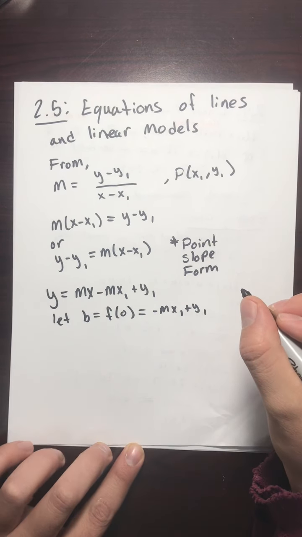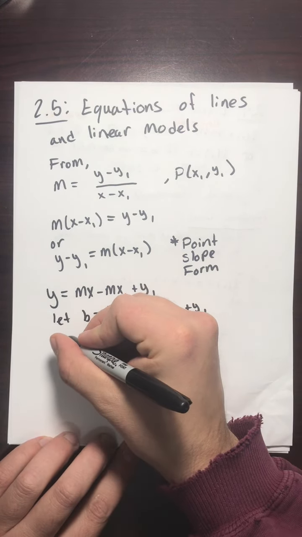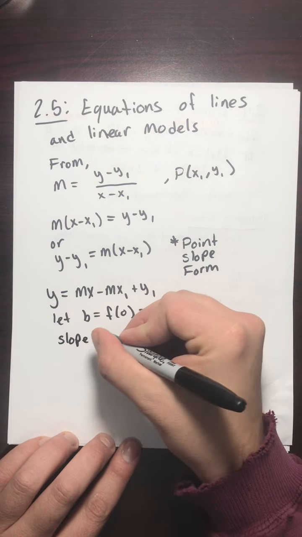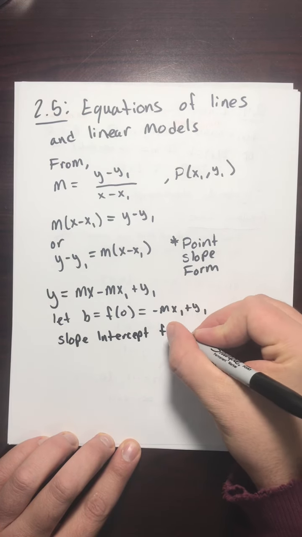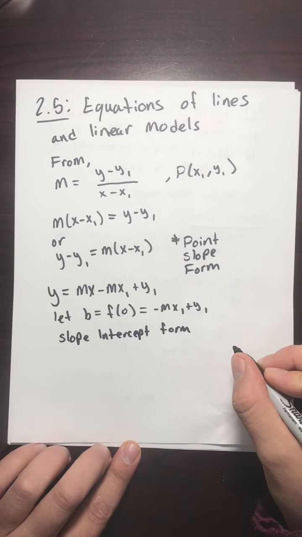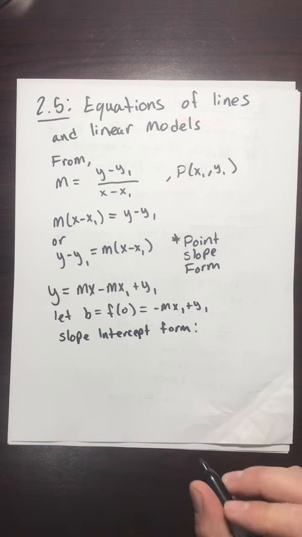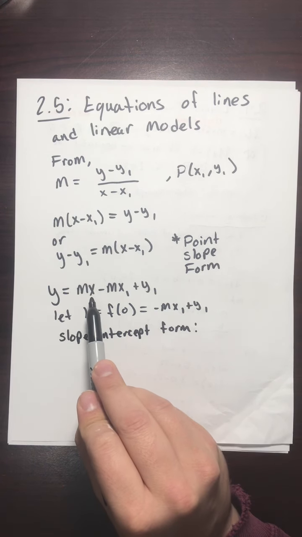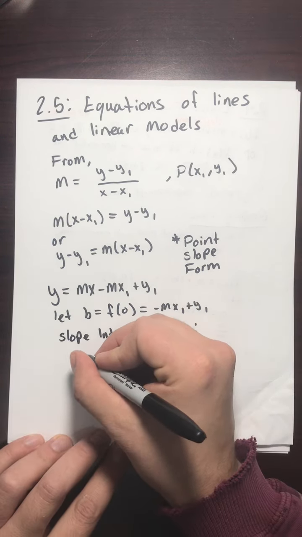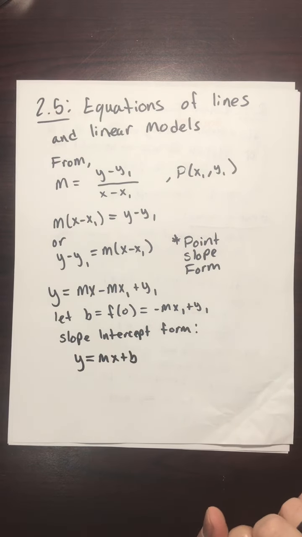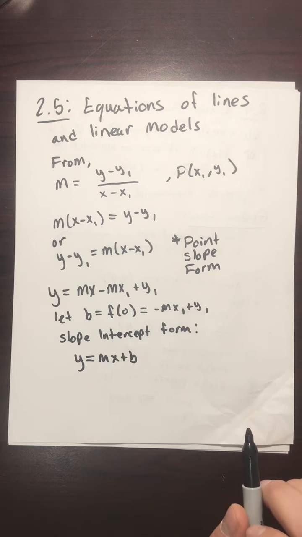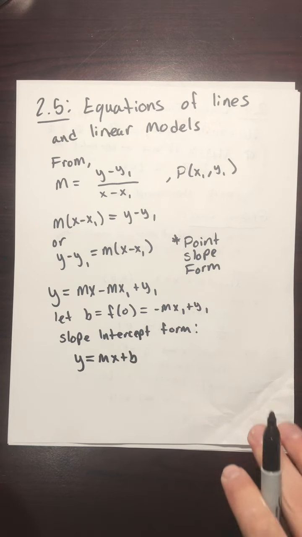So for any point x1, y1, after we solve for y, that negative m x1 plus y1, we're going to say that would be f of 0, because if you substituted 0 in for x, you'd have a 0 right here, so not x1, the independent variable x, and you would have y equals mx plus b, which looks a little cleaner than y equals negative mx1 plus y1, and this is called slope-intercept form.